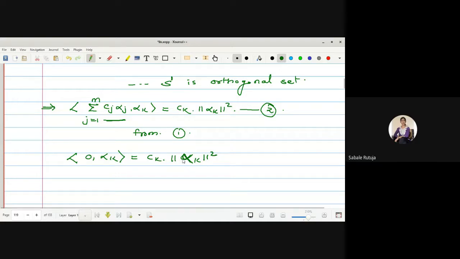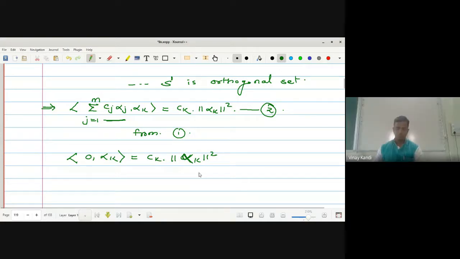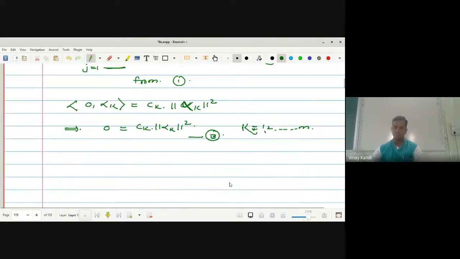No, sir. Okay, so what is the value of this one? 0. 0 is equal to Ck into norm square of alpha k, where k running from 1 to m. Assume this as equation number 3.